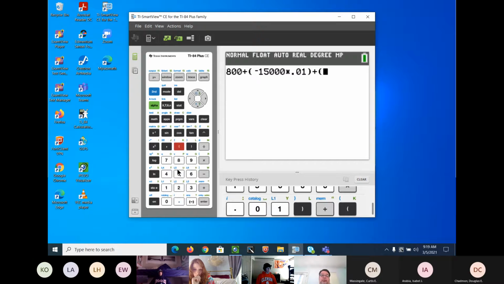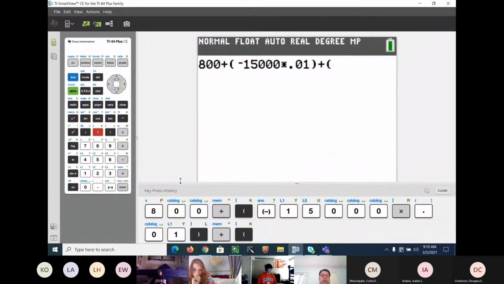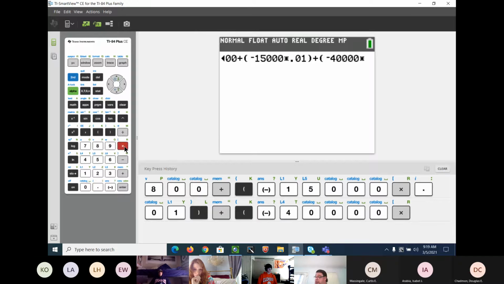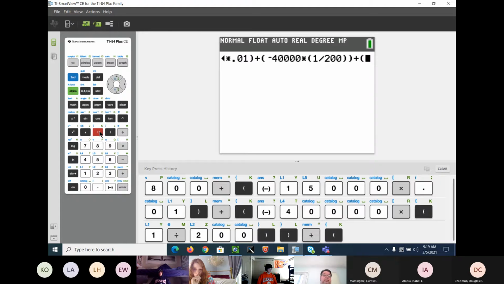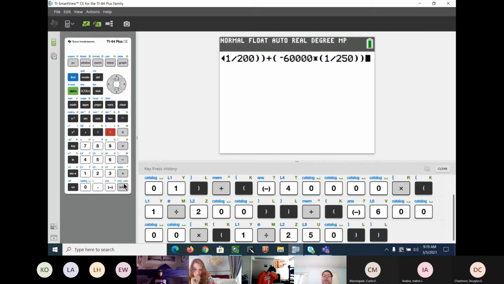Plus parentheses negative 40,000 times 1 over 200, and you could do 1 divided by 200 in parentheses if you want to, close parentheses, plus parentheses negative 60,000 times parentheses 1 divided by 250, close parentheses, and hit enter, and you get $210.